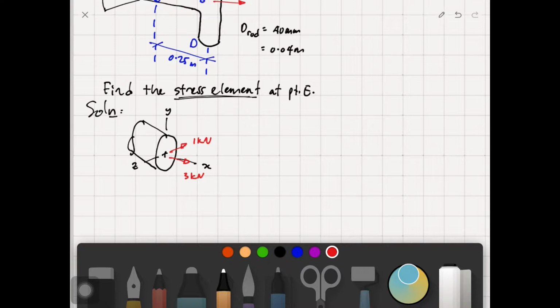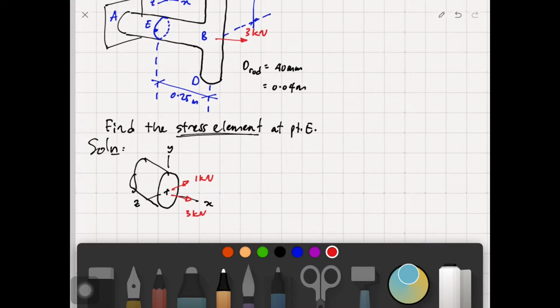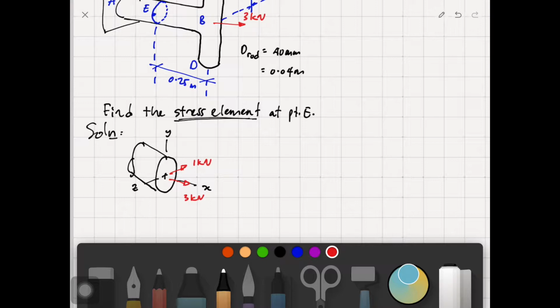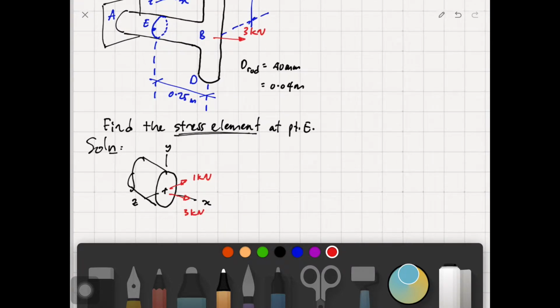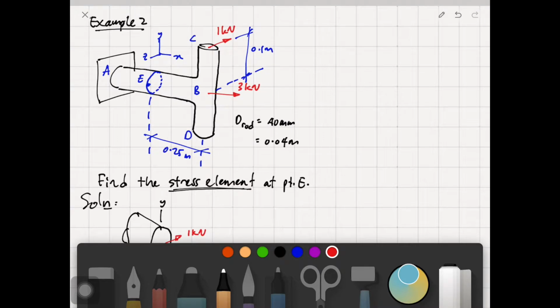Now look at the 1 kilonewton load. The arm of 0.25 meter is going to cause a moment in the y direction, it's going to rotate.